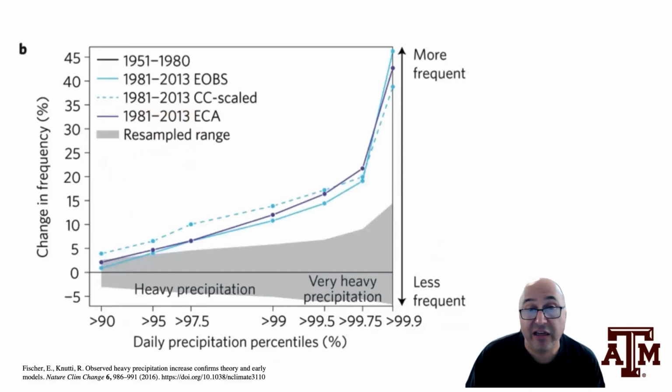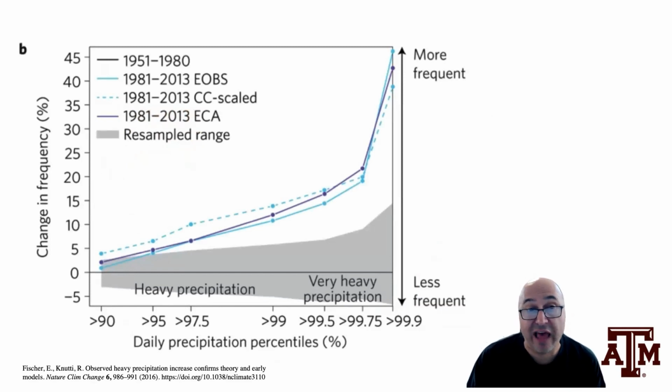And indeed, we can see this in these observations. So let me just tell you what this plot shows. The x-axis is percentiles. On the left-hand side is the 90th percentile, and on the right-hand side is the 99.9th percentile. And the y-axis is the percent change in frequency between two observational periods, the middle of the 20th century and the end of the 20th century.